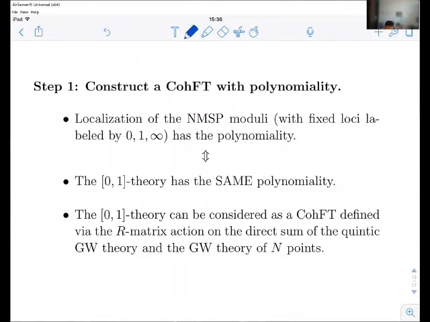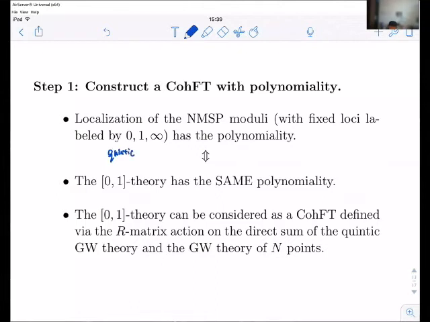First, we want to explain that when you do the localization of this MSP module, the fixed locus set will have three labels, which correspond to the quintic threefold.